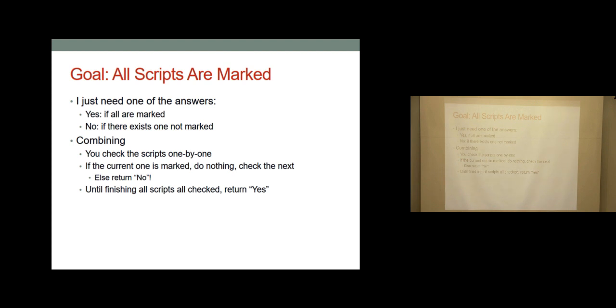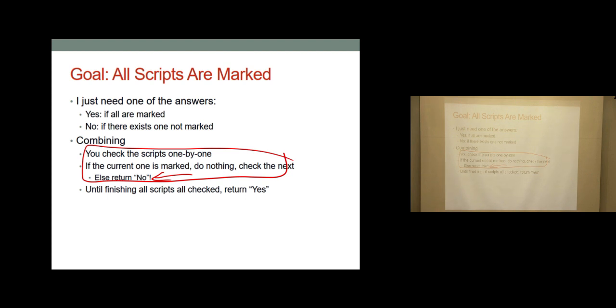When you meet a script that is not marked, you can already abort and say, no, some of them is not marked. Then you finish. But if you finish the whole pile and you just keep doing next, and you actually finish all the scripts, you can tell that, oh, the answer is yes, the whole pile of scripts is marked.